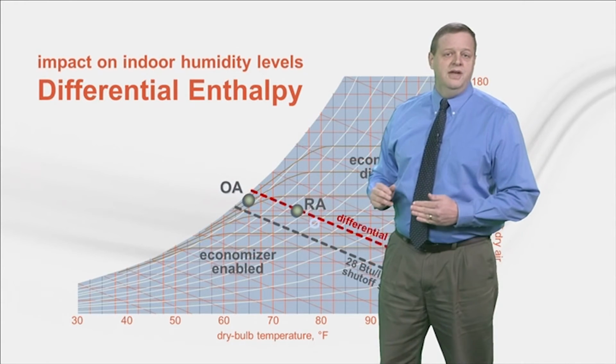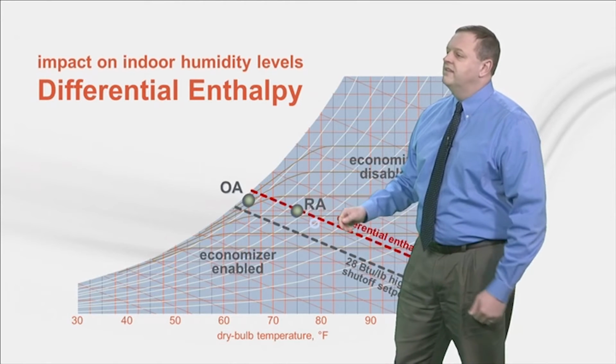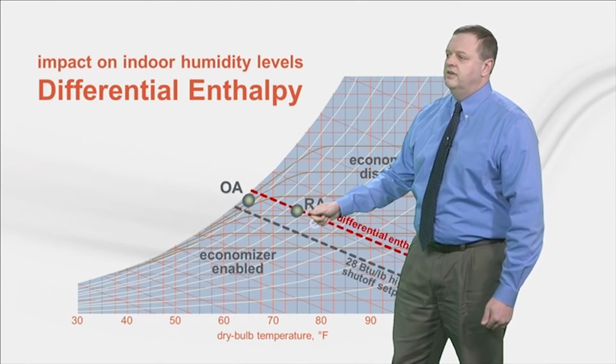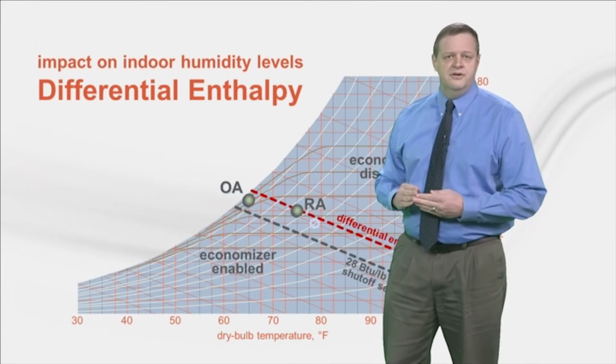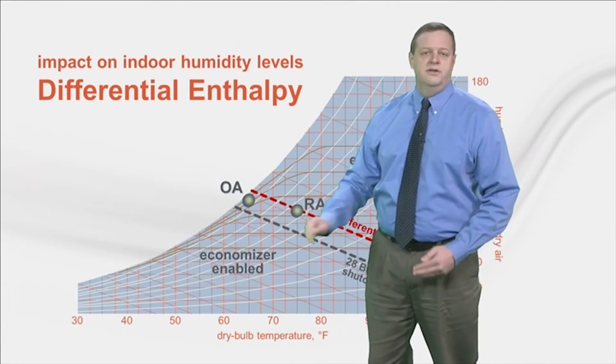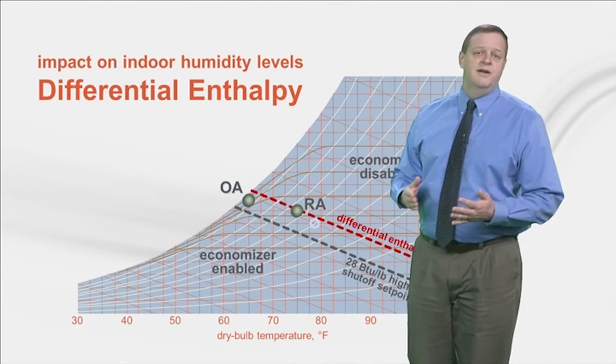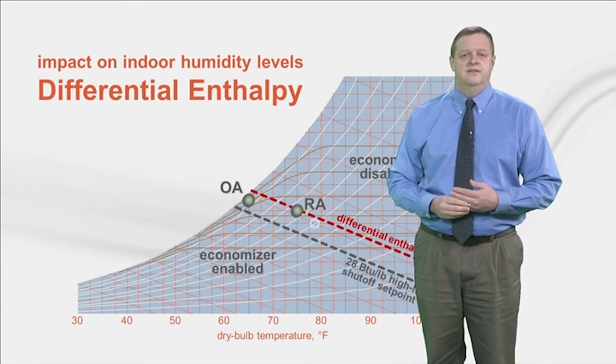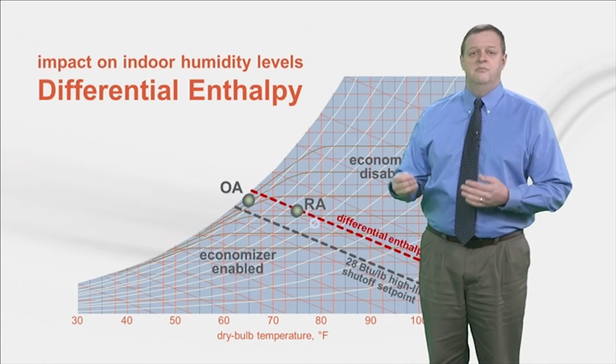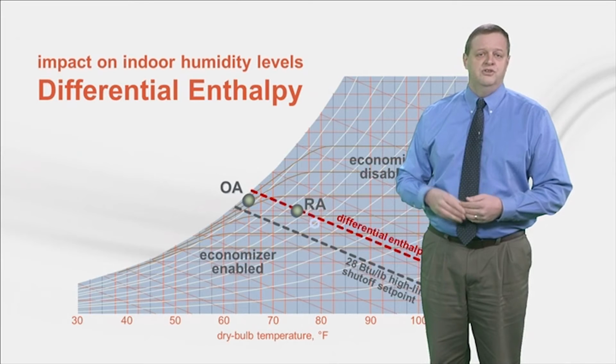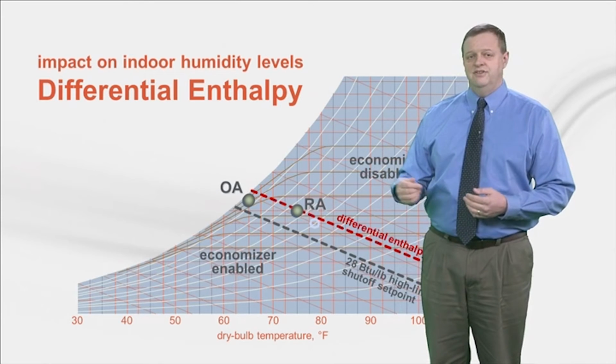But if differential enthalpy control is used, the fact that the return air is more humid causes the economizer to be enabled sooner than it would with a fixed set point. To a point, this might result in more cooling energy savings, but it also results in bringing in more humid outdoor air, which can raise space humidity levels, as we saw in the previous chart.